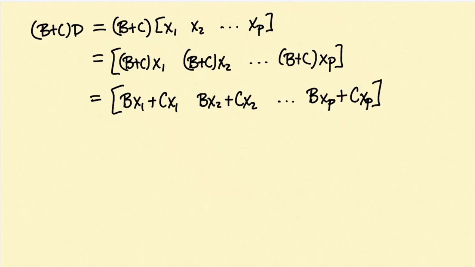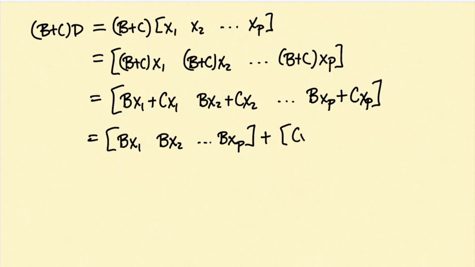We can recognize that each of these columns arise as the sum of the matrix with columns Bx1, Bx2, down to Bxp, and the matrix with columns Cx1, Cx2, down to Cxp. Finally, we recognize the first matrix as B multiplied by D, and the second matrix as C multiplied by D. And there you have it.